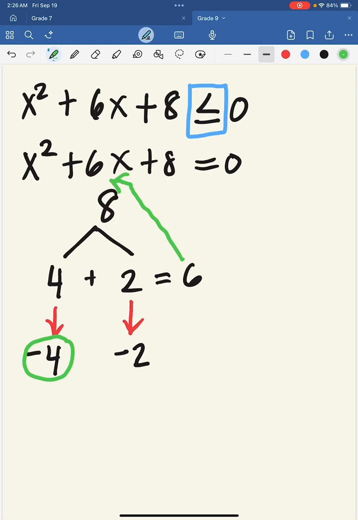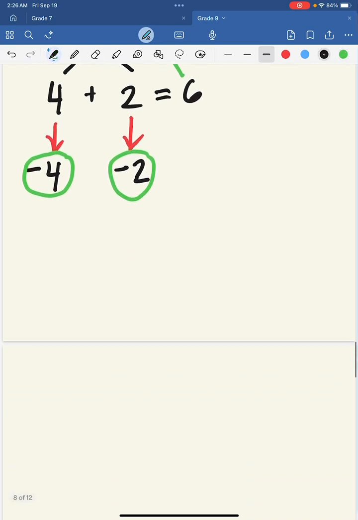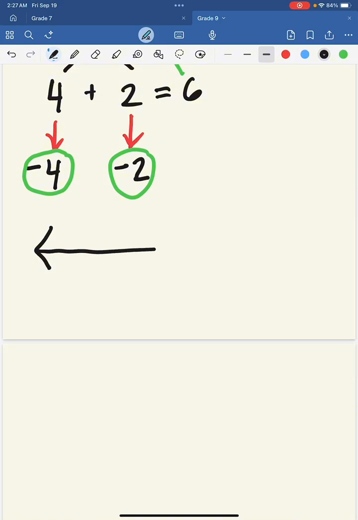Again, these are critical values. Now going back to the number line, let's have -4 and -2. The number in between them is -3 and other decimal points.